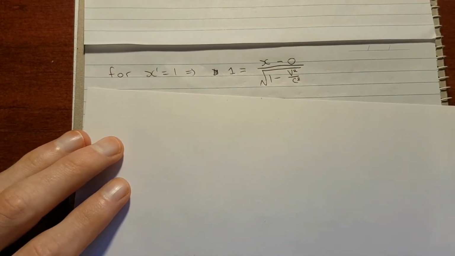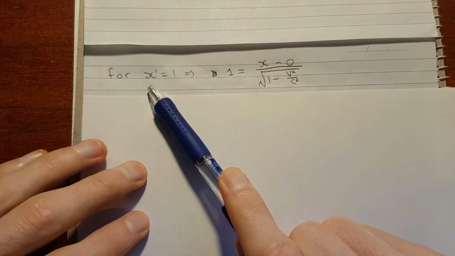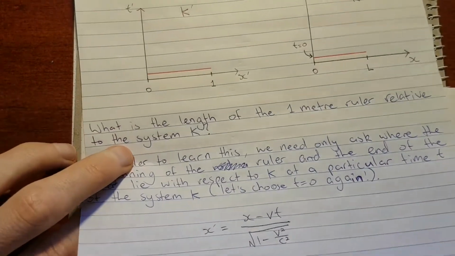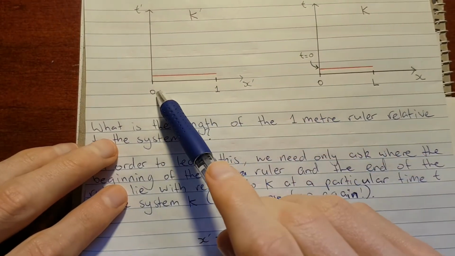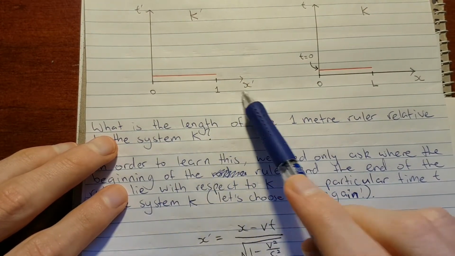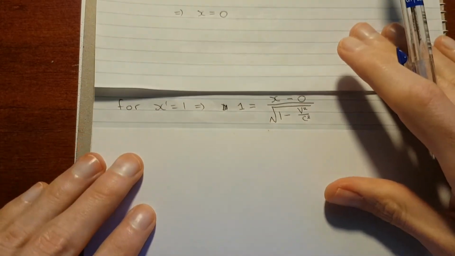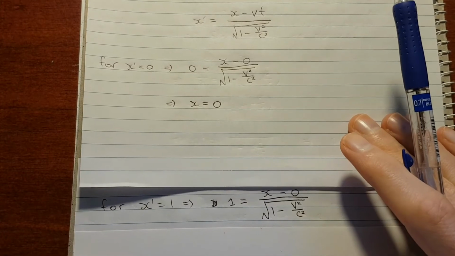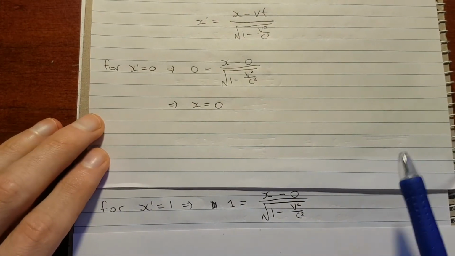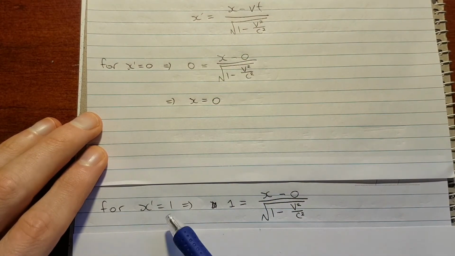Now we also want to ask, what do we get for the point x primed equals 1? Remember, the beginning of the ruler was at 0, and the end of the ruler was at the point x primed equals 1. Let's keep that Lorentz equation there so you can see it, and plug in x primed equals 1.